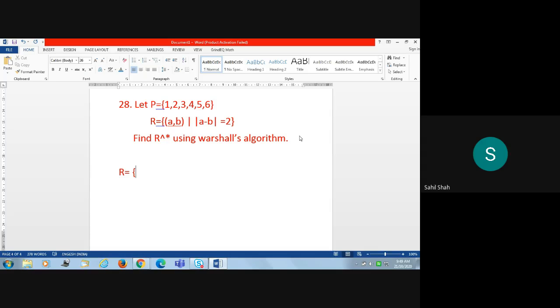Ashish. Ashish Koktur. Can you tell me what are the pairs which will be present in the relation R for this example? Yes, sir. Go ahead. 1 3, 3 1, 3 4, 2 4, 2 2, 4 2, 5 3, 3 5, 5 6, 4 4, and 4 6.